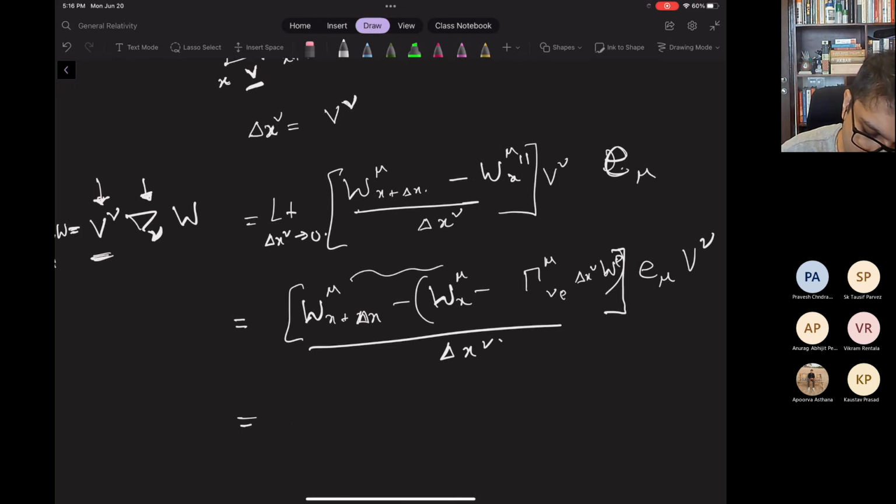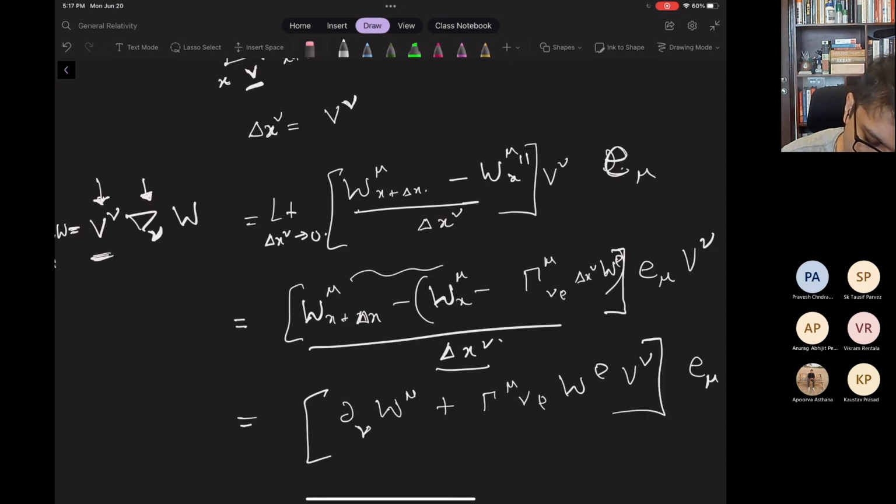So this difference divided by delta x nu is partial W mu along the nu direction. And this extra part is gamma mu nu rho W rho V nu E mu. Sorry, the whole thing times V nu.